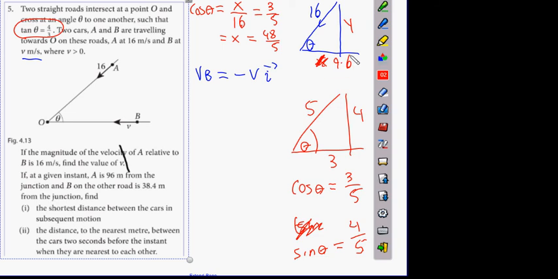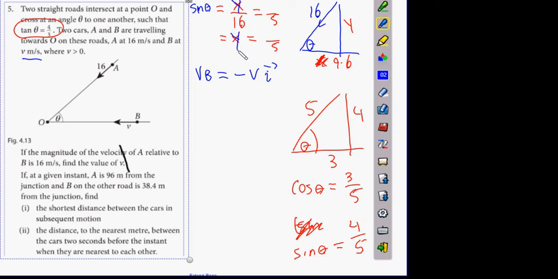In the same breath, we also have to figure out the y value. So to fix the y value up, we just change that to sine. So call that sine theta. Sine theta is y over 16.